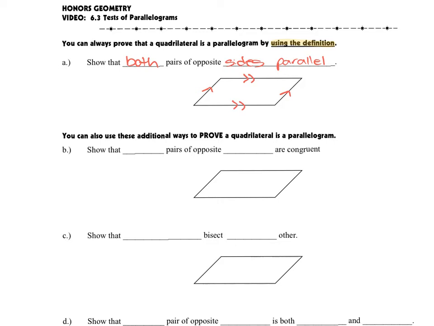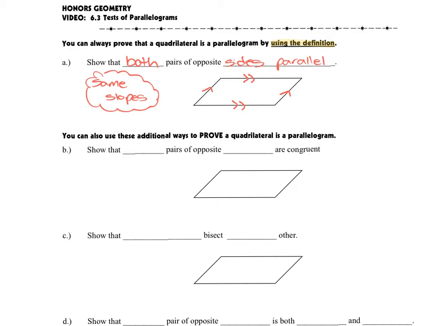If we're thinking coordinate geometry, we could show that lines are parallel by using our slopes. So what we're looking for are same slopes. I just want you to keep in mind that if we're trying to show that things are parallel, we're looking for same slopes. So opposite sides would have the same slope in both cases.